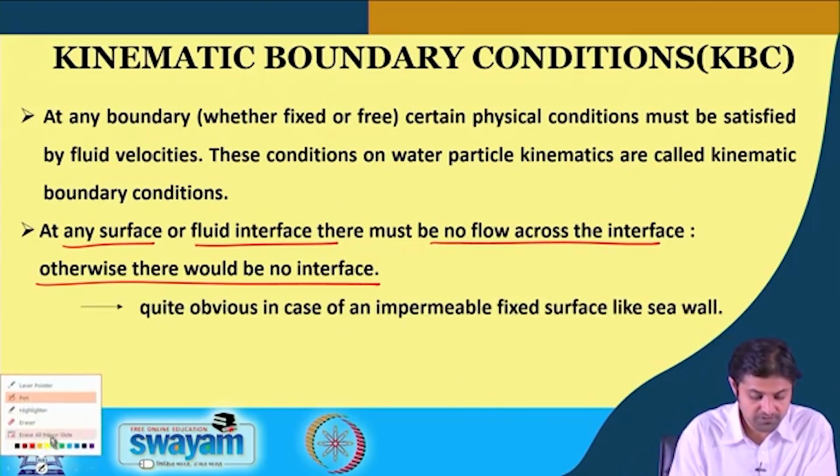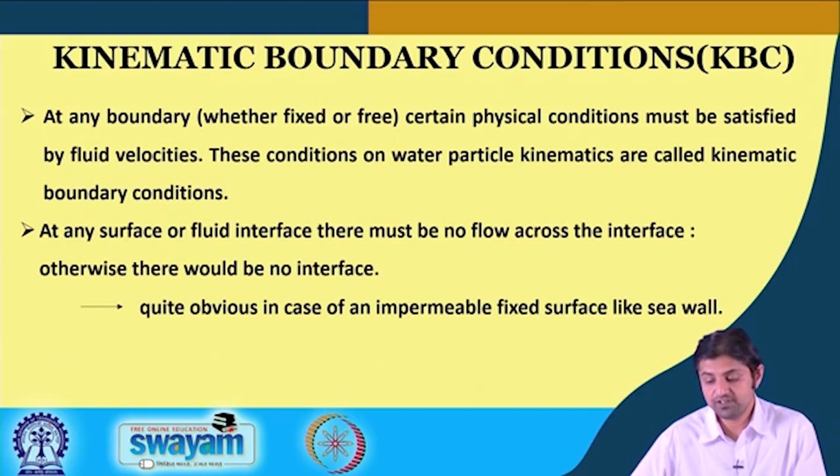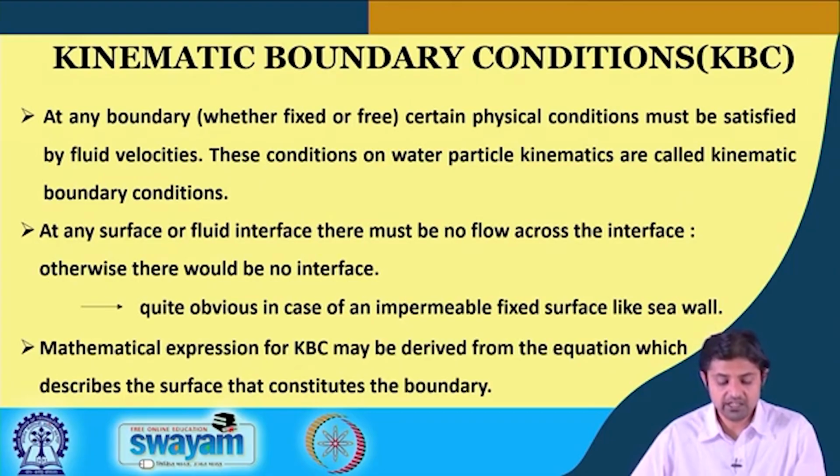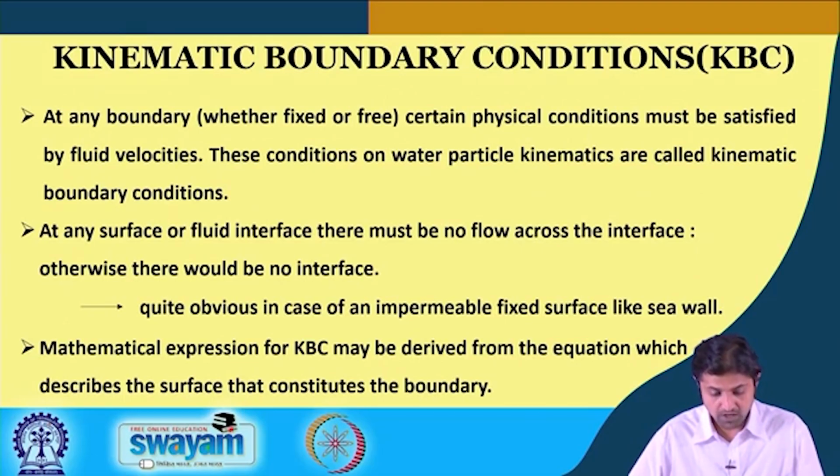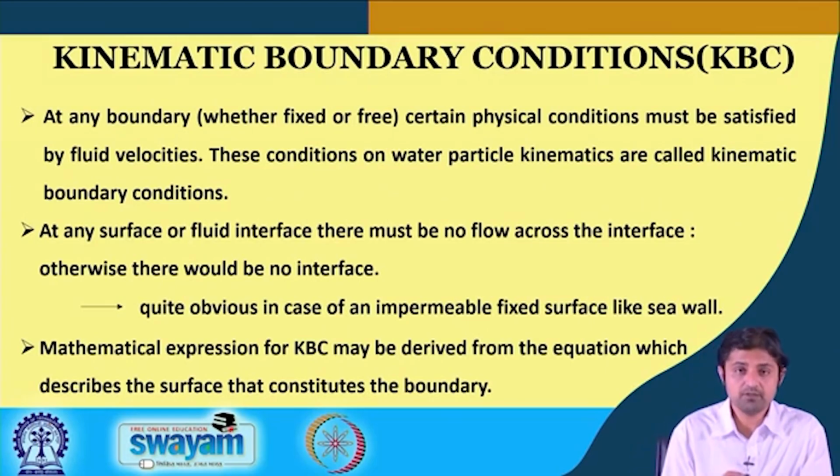This is quite obvious in the case of an impermeable fixed surface like a seawall. The mathematical expression of the kinematic boundary condition may be derived from the equation which describes the surface that constitutes the boundary. So now we have talked about what the kinematic boundary condition is. Now we have to find what the mathematical equation for such boundary conditions is, and as said, these kinematic boundary conditions can be derived from where?